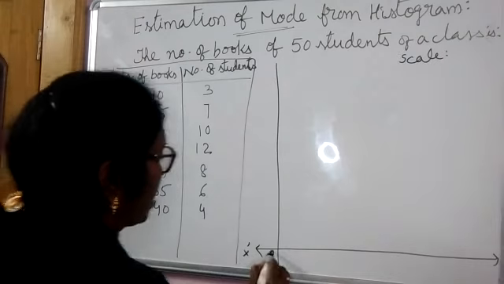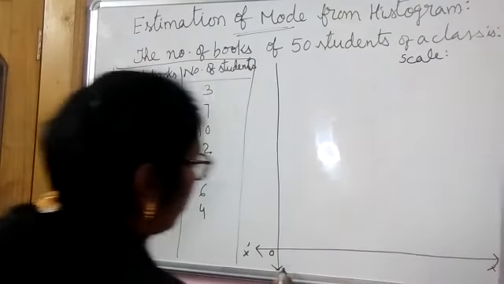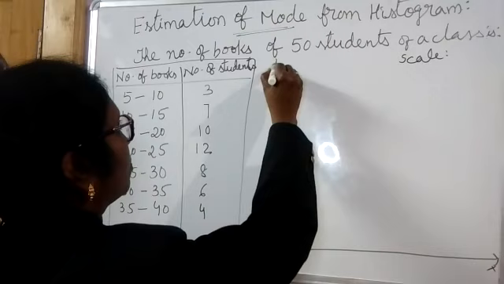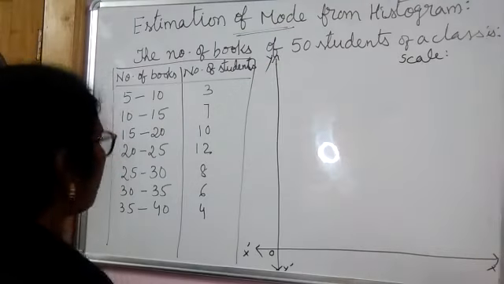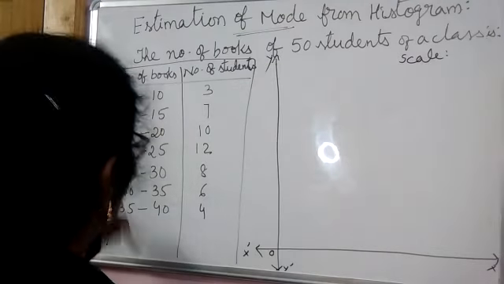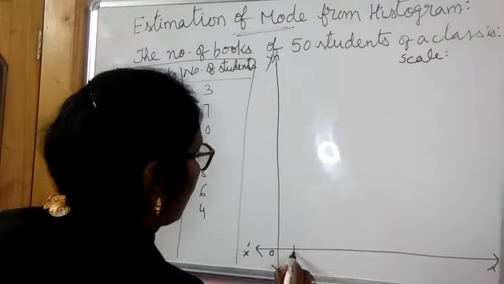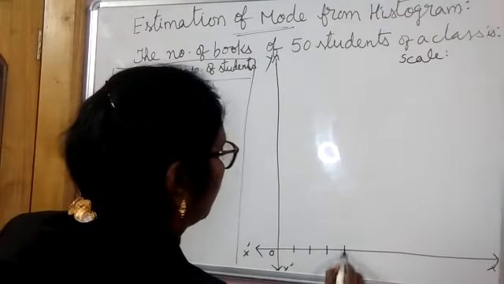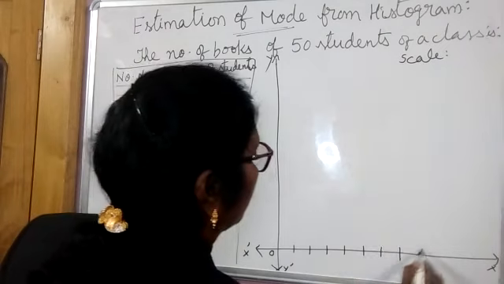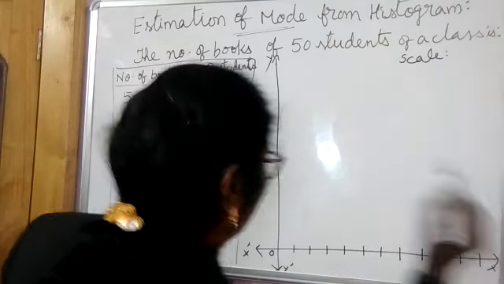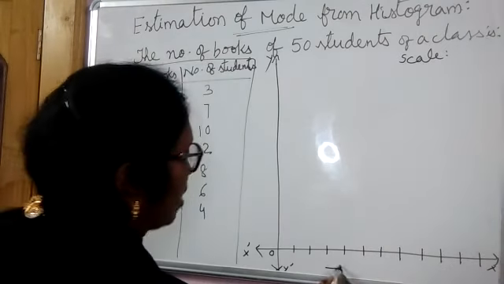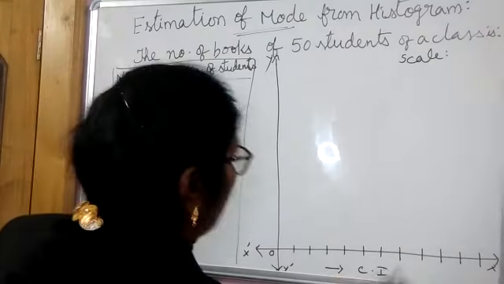Let me name it X'OX, and this is Y'OY. There are 6 class intervals. Okay, these are the class intervals.